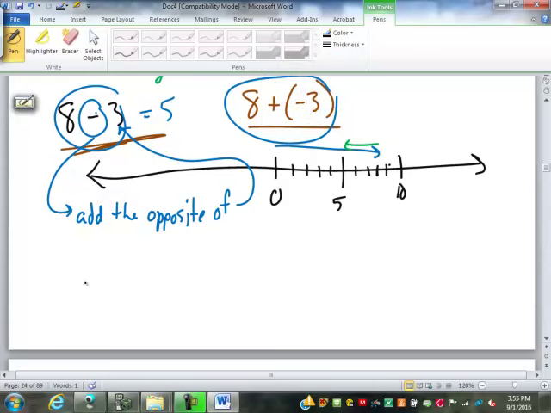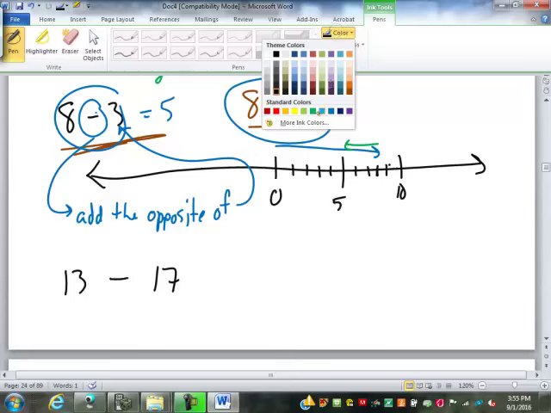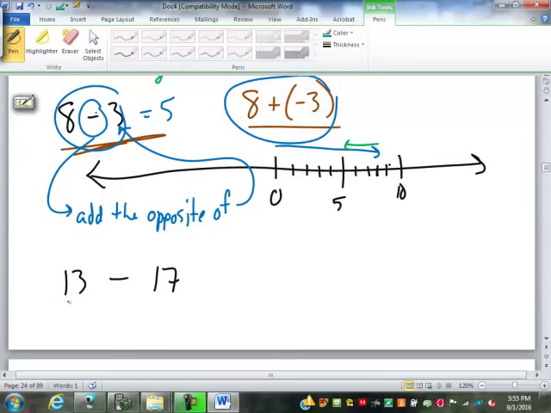So what that means, if I have 13 plus a negative 17, I did that backwards again, sorry. Let's say I have 13 minus 17. What that's telling me to do, the first number doesn't change, the 13 stays, but instead of subtracting 17, this is telling me to add the opposite of that.